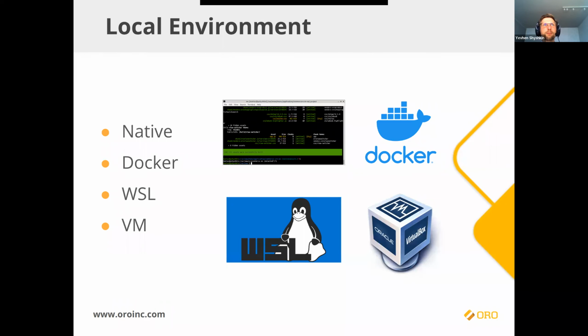The first one, the most typical and most clear and transparent one, is the native local environment. By native local environment, I mean a situation when you are installing all the applications and all the services at your root operational system. For example, if you're using Linux, you can install the database management system, MySQL, PostgreSQL, directly in Linux.